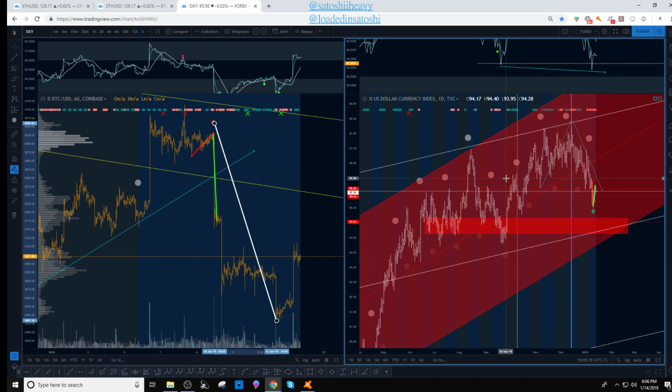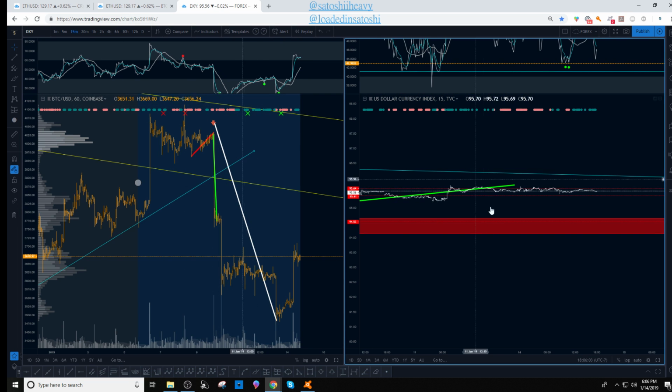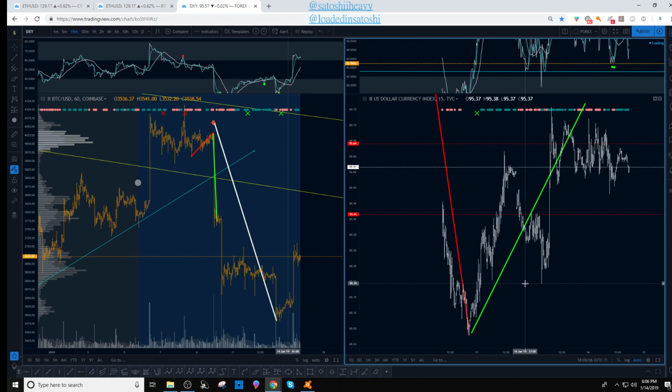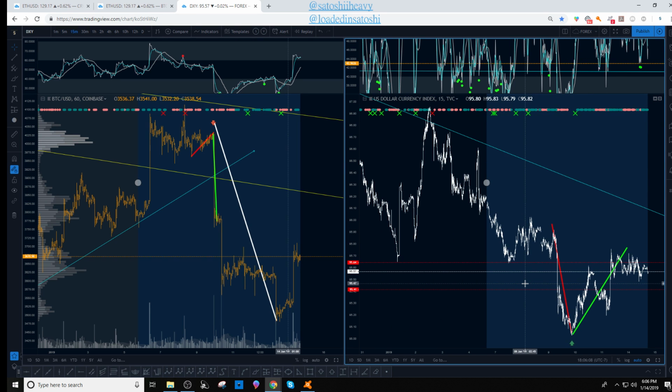If the dollar pumped from here, people going long in crypto would be absolutely fucked. Like, damn, bro. I'm weak. So go for digital gold.